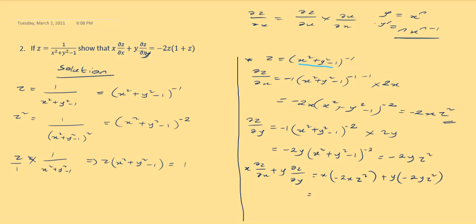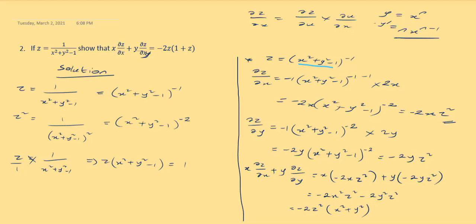So open this bracket, you have minus 2s squared z squared, then minus 2y squared z squared. So at the end of the day, see what is going to happen. Minus 2 is common. In fact, minus 2z squared is common. So you will be left with s squared plus y squared.